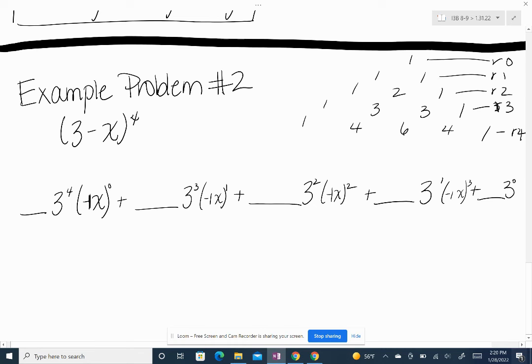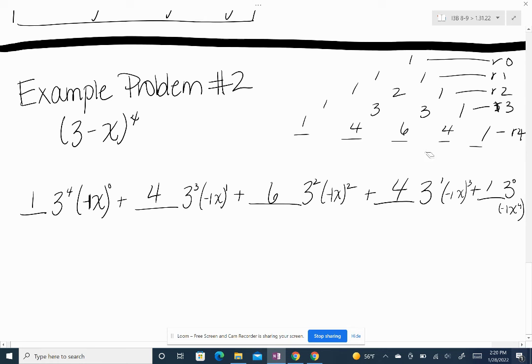Okay, -1x to the 4th. Okay, so now I can add my coefficients. 1, 4, 6, 4, 1. Just as a heads up for the coefficients, another way to make sure you have the right row is the number of blanks should match the number here.